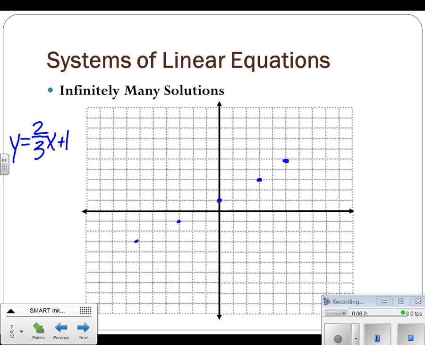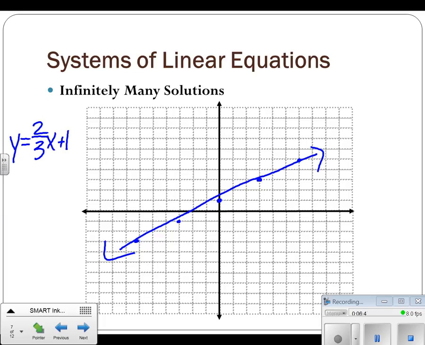Oh, looks like I'm off here. Sorry about that, you guys. Okay, so I'm going to connect. So that's my line. It's not on all the points there, but you can see those points that make y equals 2/3 x plus 1.